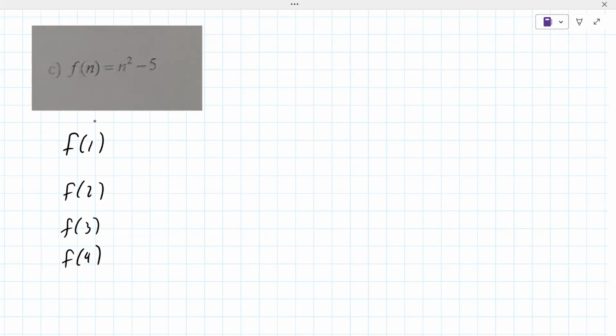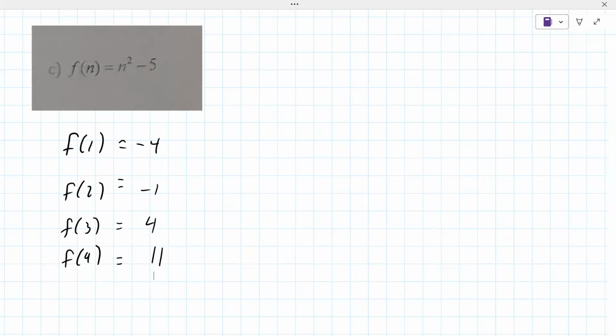1 squared minus 5, negative 4. 2 squared is 4, negative 1. 3 squared is 9, 4. So I got negative 4, negative 1, 4, and 11. All right, yeah, looks good.